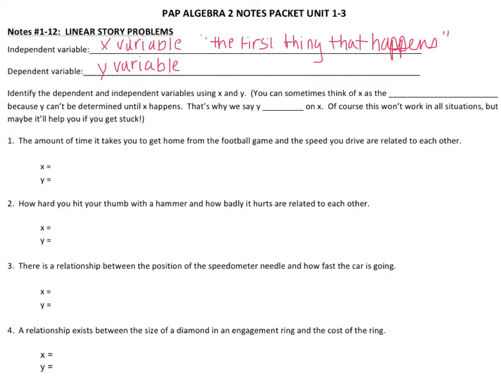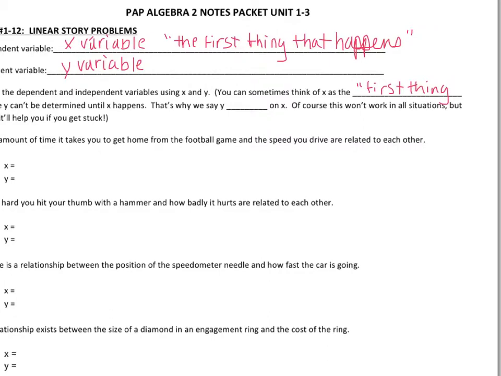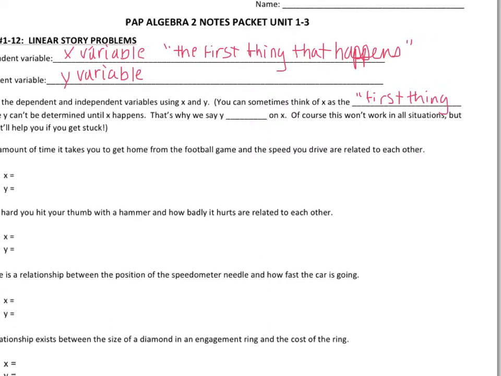Okay, so how you're going to do this is every time you read a story problem, you always want to identify the dependent and the independent variables using x and y. And like I said, you can sometimes think of x as the first thing that happens. So we're going to put that in here, the first thing that happens.